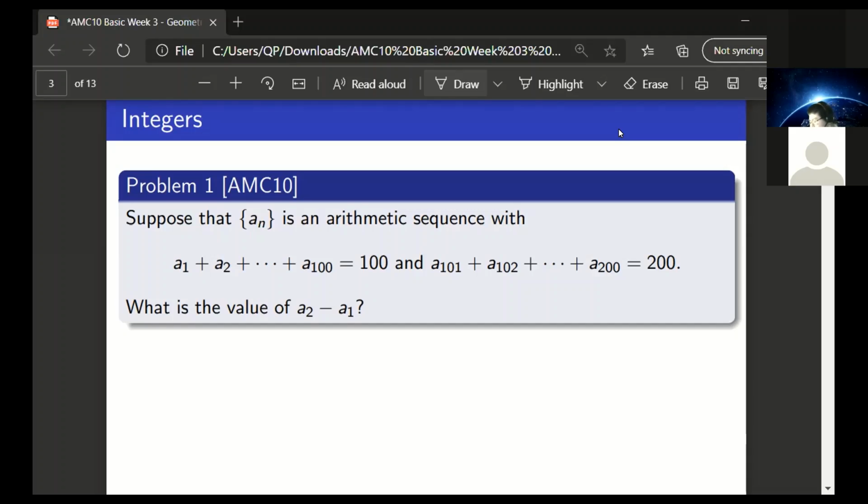And if you forgot, an arithmetic sequence is basically terms in a sequence in the form a, a plus d, a plus 2d, etc., where a is the first term and d is the common difference.